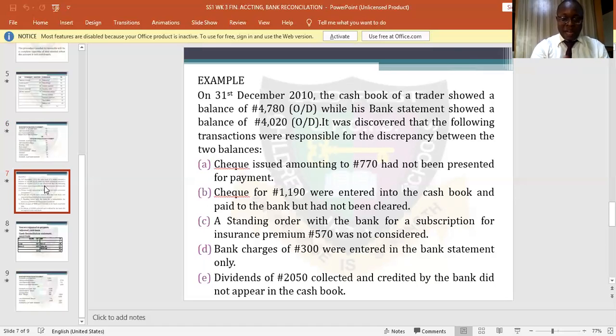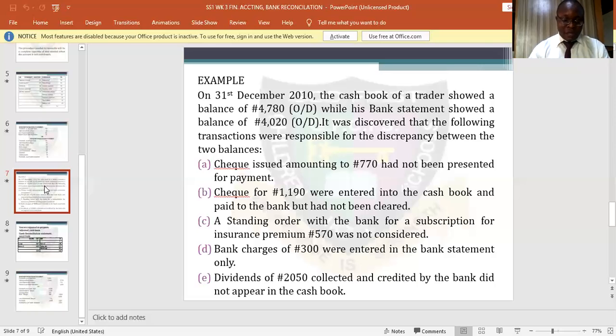So we have the first item here, check issued amounting to 770 naira had not been presented for payment. Yes, that's unpresented check. This check has not been presented for payment in the bank.